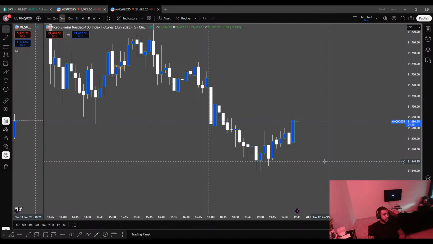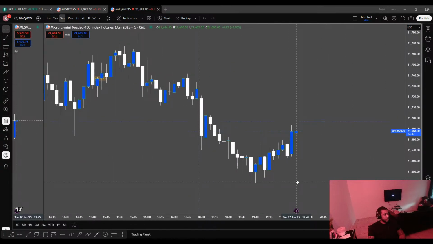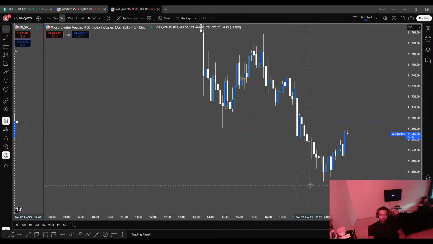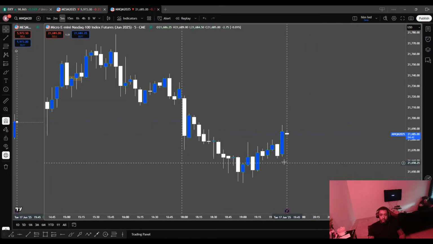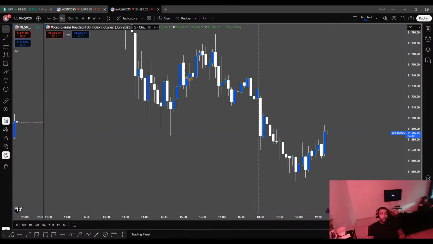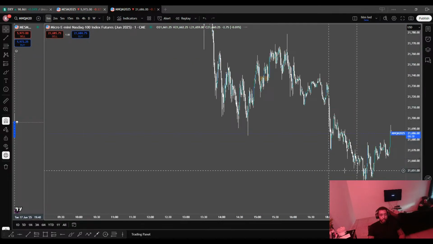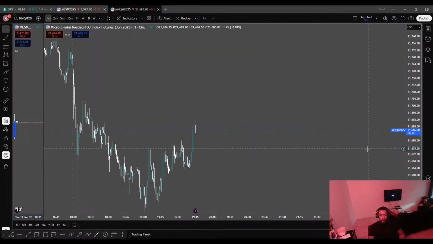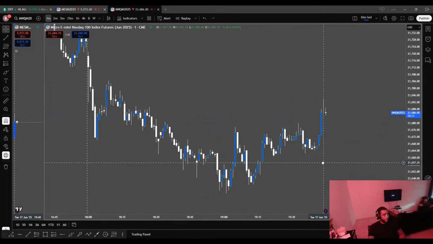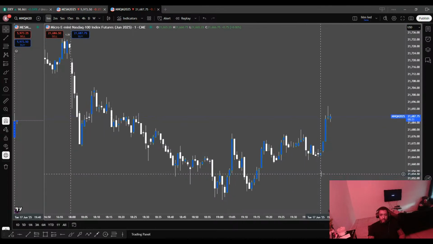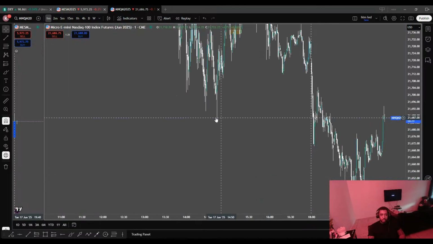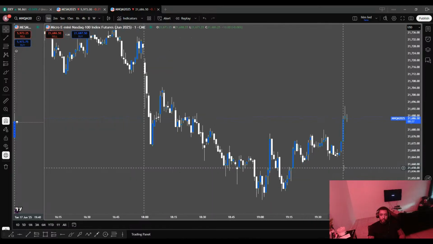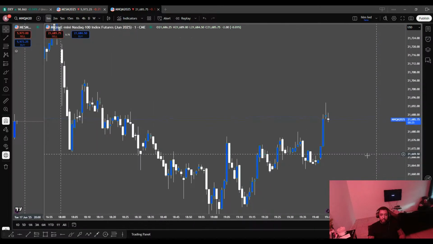It's important to actually go through different time frames. Let's see what's going on. So we got a sweep, nice displacement.